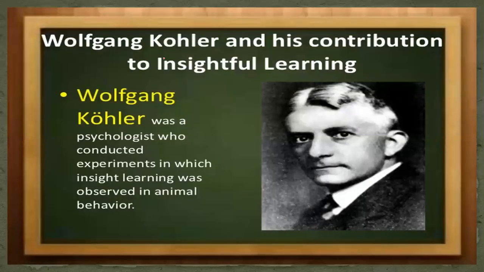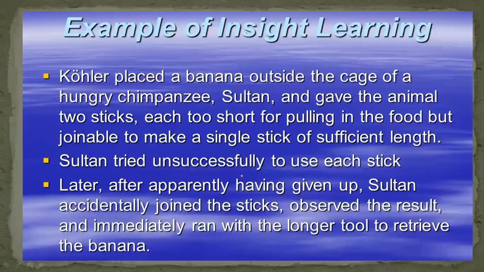Here, Wolfgang Kohler made a great contribution to insight learning. What he did, he kept chimpanzees in a cage, and then he hung a banana over there. He put some boxes and some sticks in the cage. This is an example of that. He gave a chimpanzee the name Sultan, and the hungry chimpanzees were enclosed in the cage.